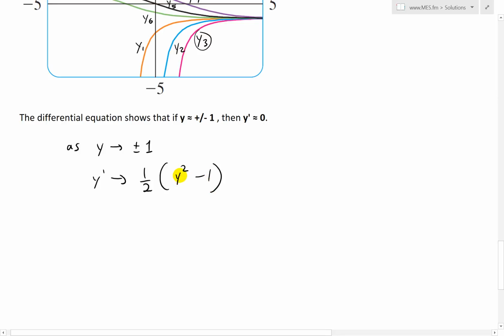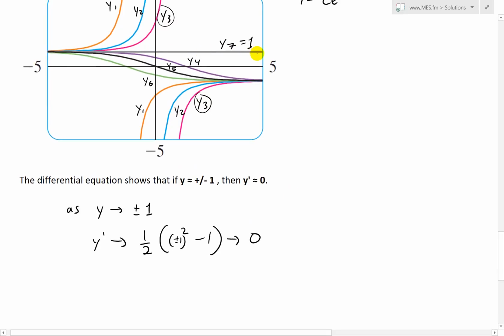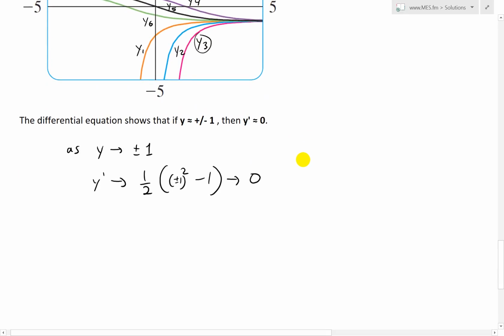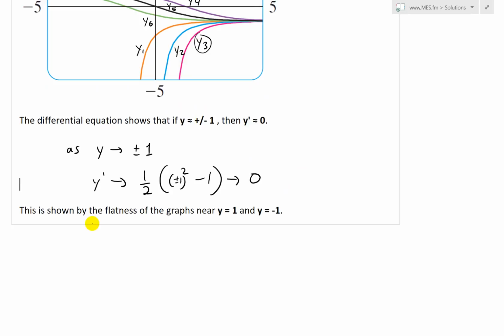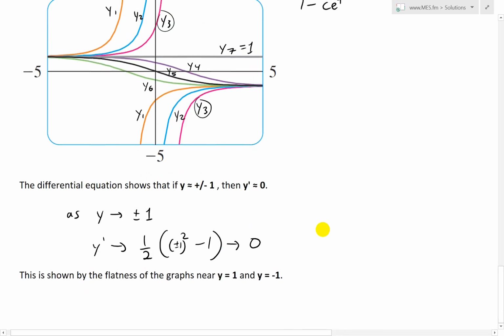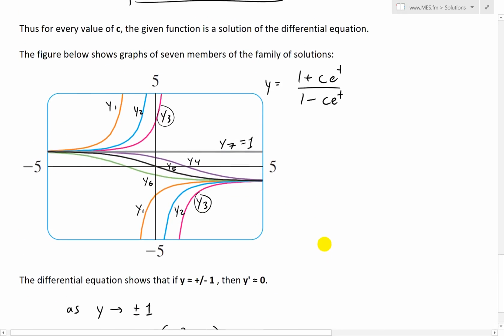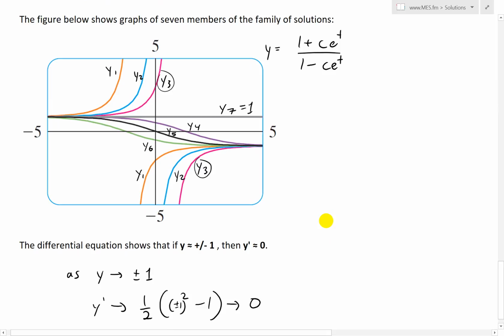So if y is getting close to plus or minus 1, y squared is 1, and we have 1 minus 1, which is around 0. So this is approaching 0, and that's why we have this flat line, because the derivative is the slope. This is shown by the flatness of the graphs near y equals 1, and y equals -1 is actually right here, if you were to look at the negative side across it like that.